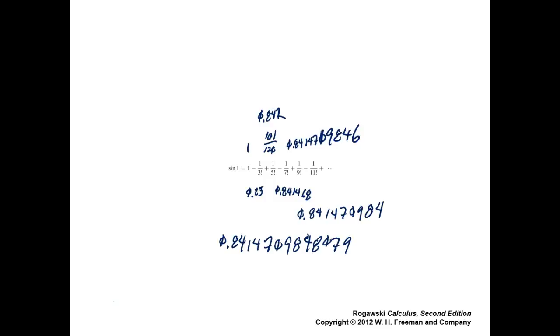It says we can see the S5, which is the partial sum after 5 terms, differs from sine 1 by less than 10 to the minus 9th, which means that is a very close approximation. This suggests that partial sums converge to sine 1, and in fact we'll prove that.